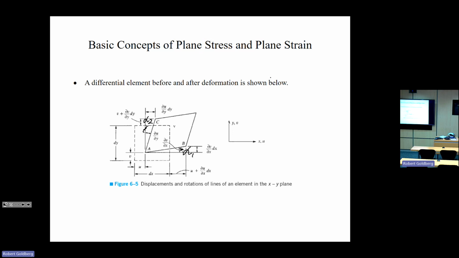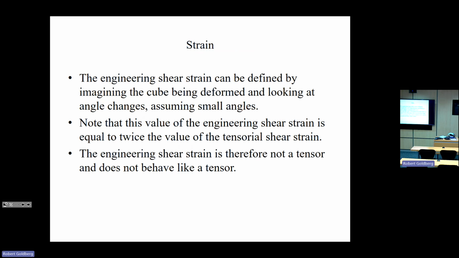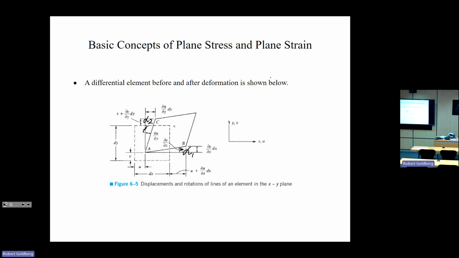So we have this element before and after deformation. And what we define is the engineering shear strain, by taking this deformed cube and looking at the change in angle between the lines AB and AC.